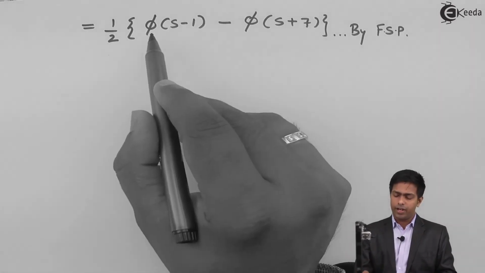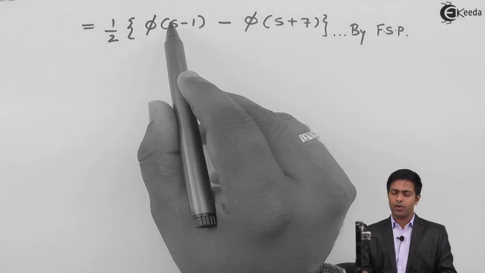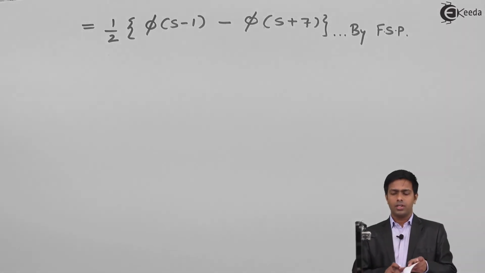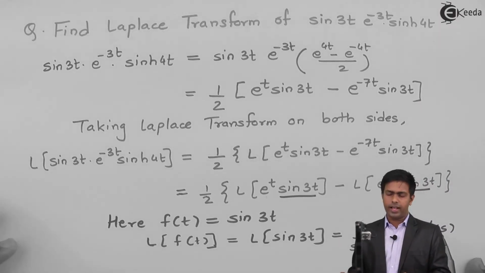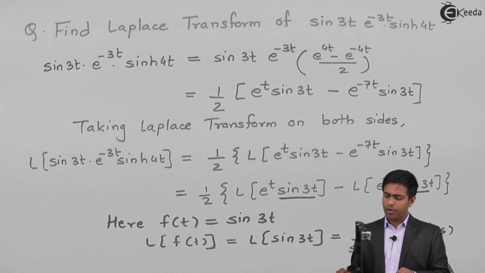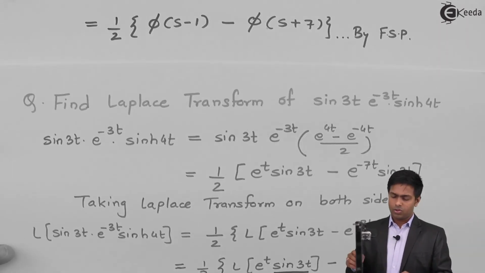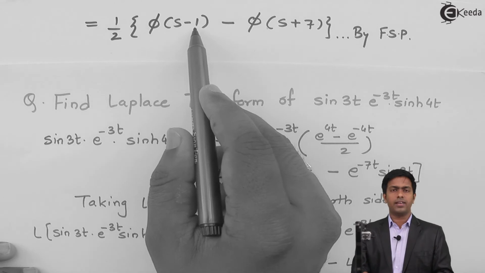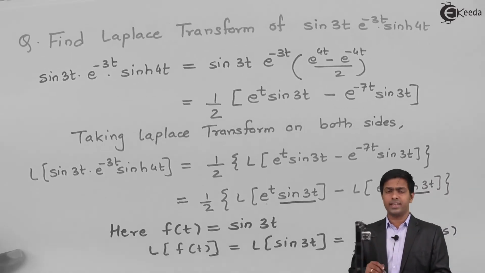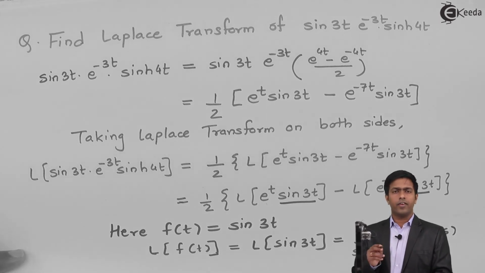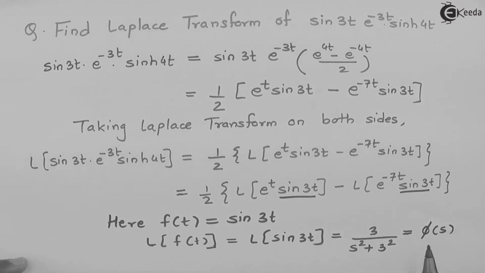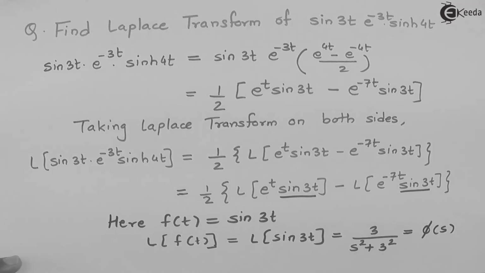Now let's evaluate the values, that is function of s minus 1 and function of s plus 7. For that I'm going to use the function of s. So how to get function of s minus 1 from function of s? We get it by replacing s with s minus 1. So here we'll get 3 upon s minus 1 square plus 3 square.